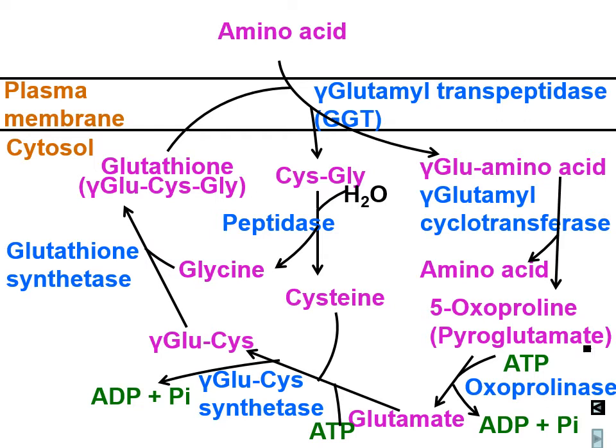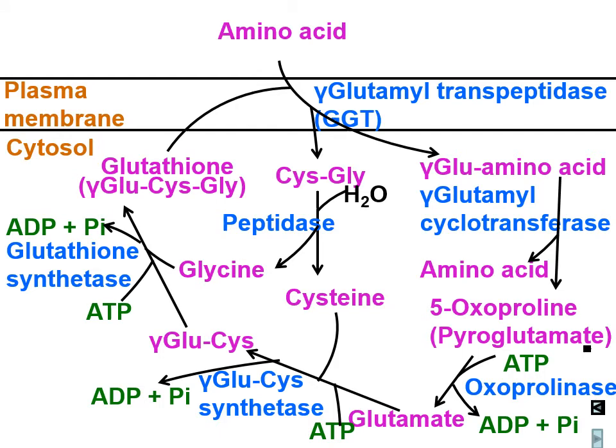Now later this gamma glutamyl cysteine combines with glycine using ATP, forming glutathione in the presence of an enzyme called glutathione synthetase. So when a molecule of amino acid crosses the plasma membrane, 3 molecules of ATP are used up.